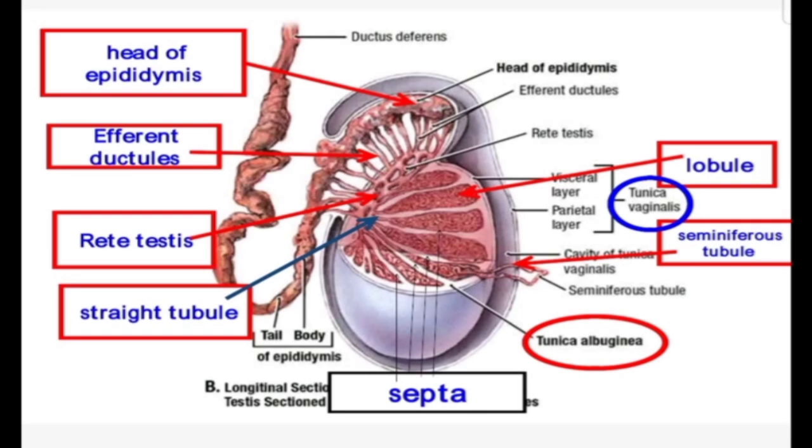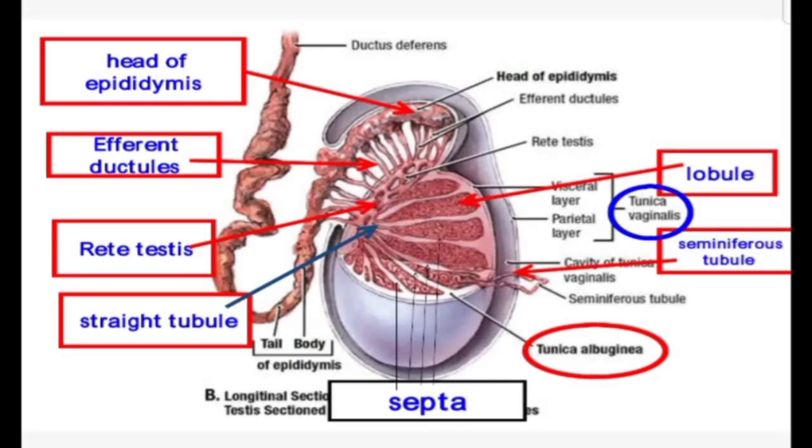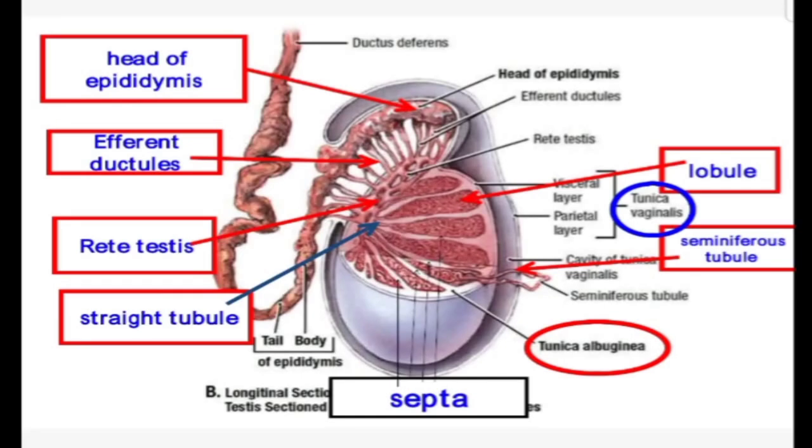Rete from reticular, that is net-like, the anastomosing and branching tubules, and these tubules then converge, then they give rise to 10 to 20 ductules, which are known as the efferent ductules or ductuli efferentes, and these ductuli efferentes then enter into a comma shaped organ, which is actually the epididymis.